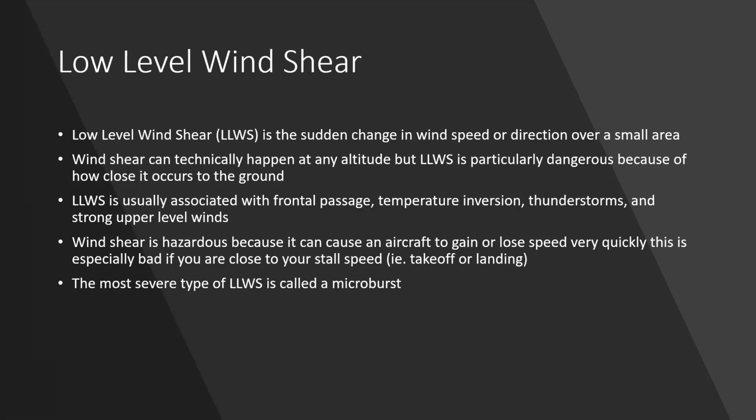Most big airports have a wind shear alert system that will allow the tower to see if there's been a wind shear event and warn pilots about it. The most severe wind shear event is called a microburst.